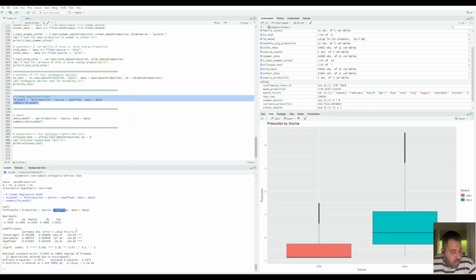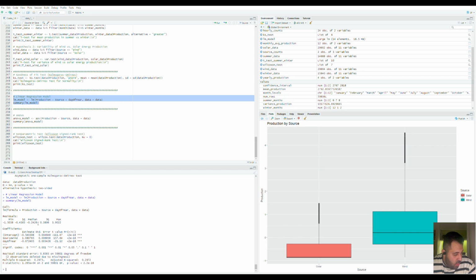So the linear regression model was created here with production as the dependent variable and the source and the day of year as independent variables.